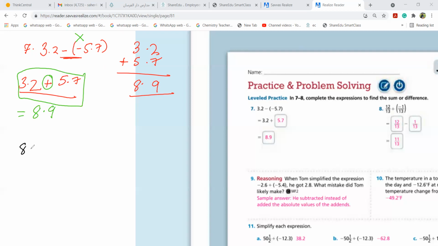Yes. Okay, number 8. 12 over 13 plus minus 1 over 13. See, Rital, how do I do this? Let us first open the parenthesis. 12 over 13. What is this into this?